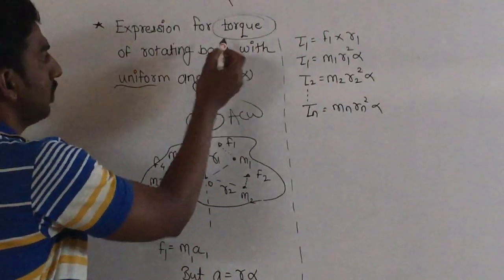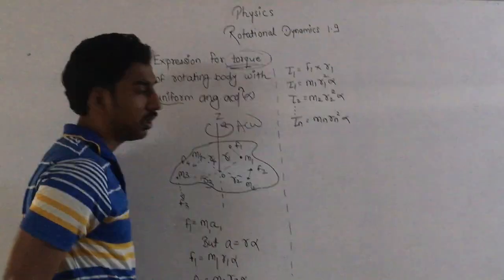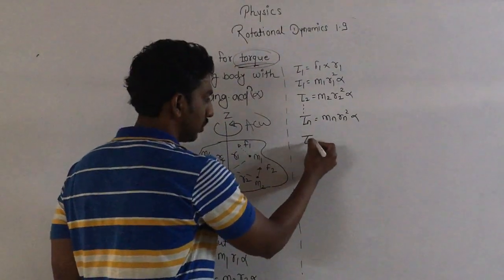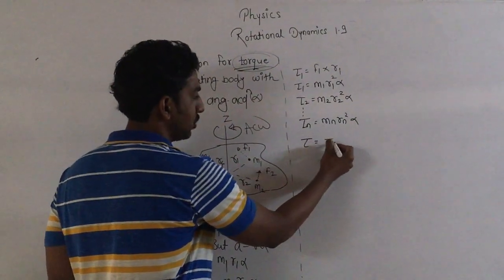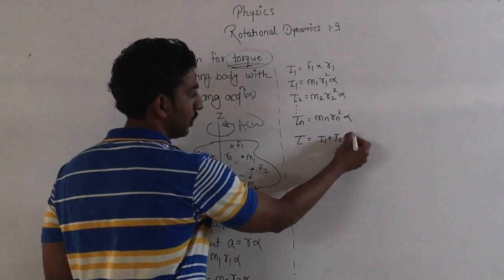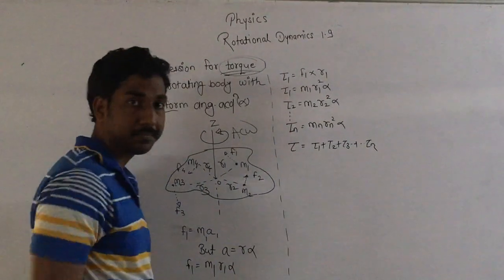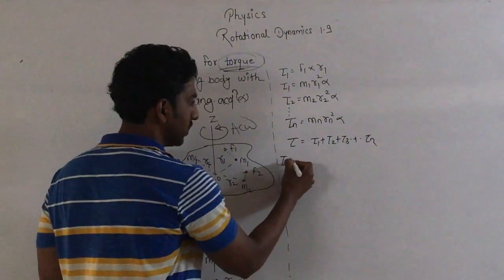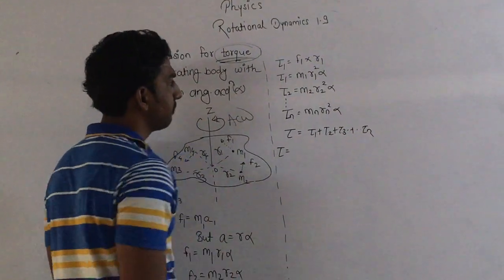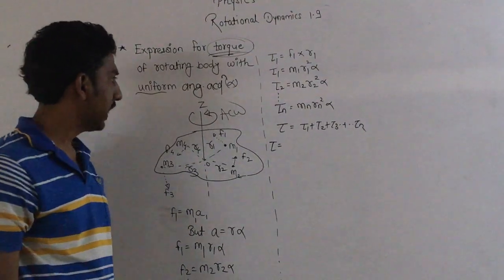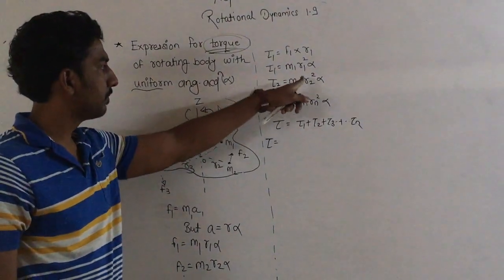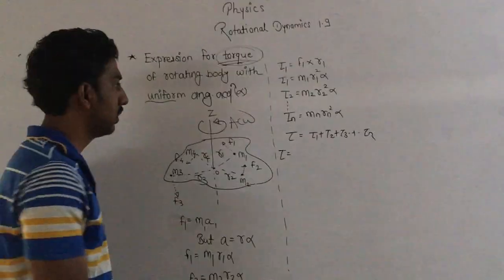The expression asks about total torque. I will write total torque as the addition of tau 1, tau 2, tau 3, etc., up to tau n. So torque is equal to the addition of all. Here we will take alpha common.